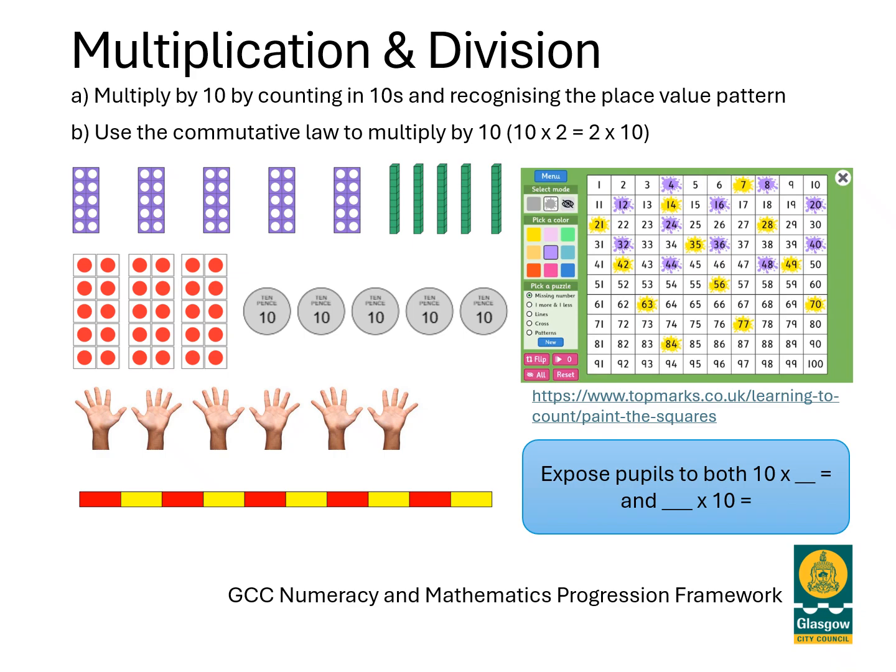If we teach the commutative law early as well, by exposing pupils to both 10 times something as well as something times 10, we give them a really helpful strategy for later on.